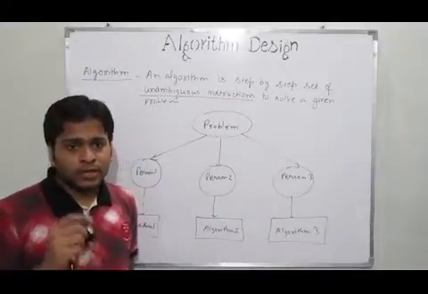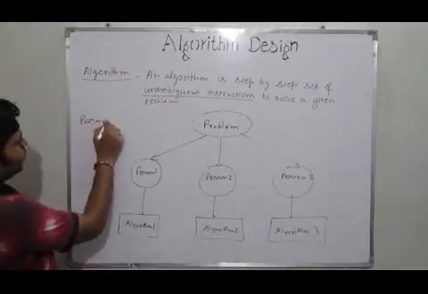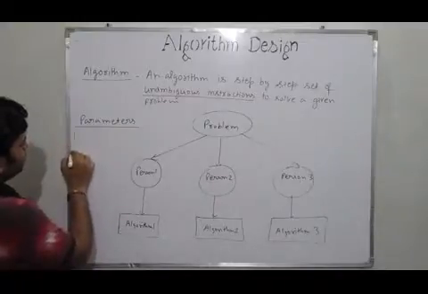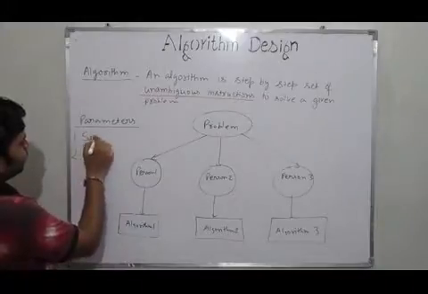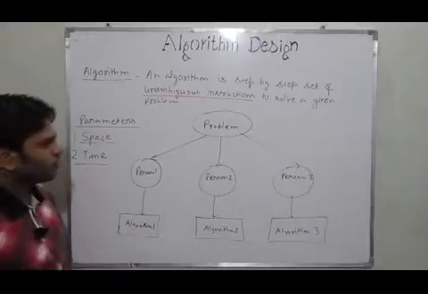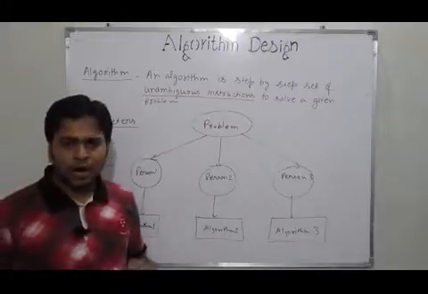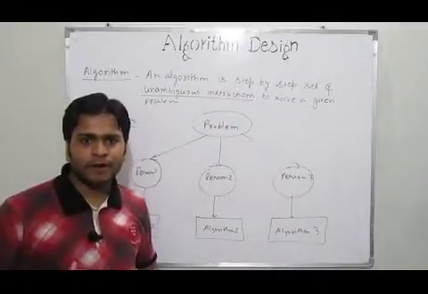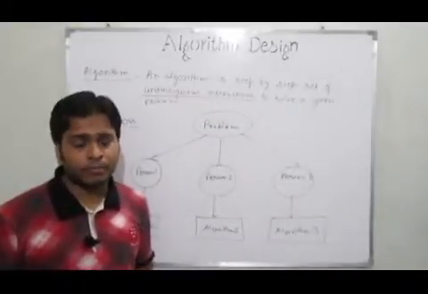In computer science, we basically use 2 parameters, and these parameters are space and time. The space as a parameter discusses how much memory would be consumed by the program defined for a given algorithm in the main memory of the computer.